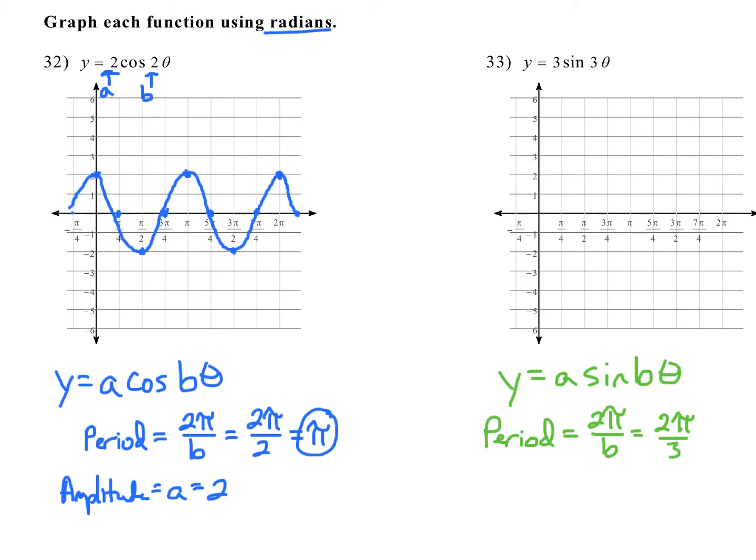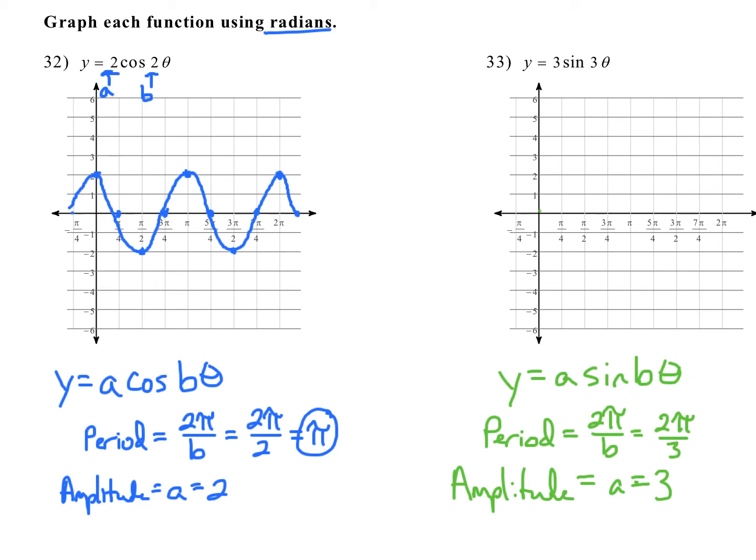2/3 pi is going to be our one full period. Our amplitude is equal to a, which is 3. Because we have a sine function, we're going to start and end each period at 0.